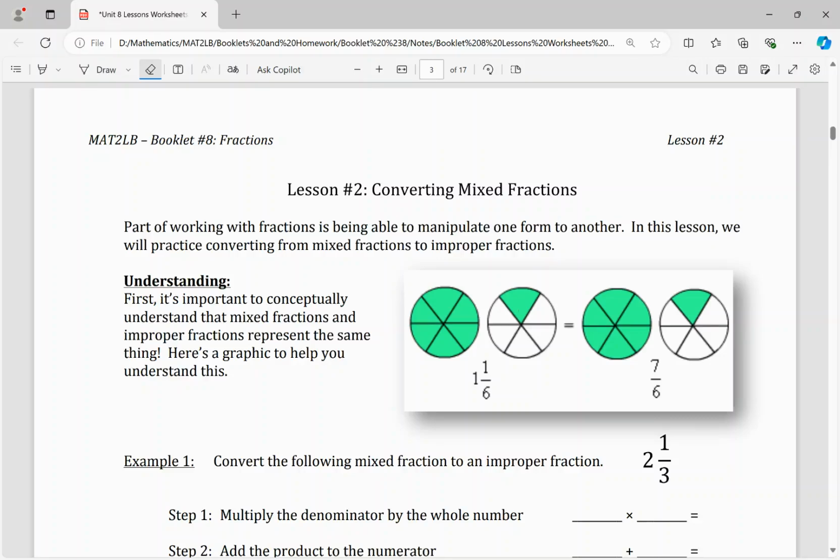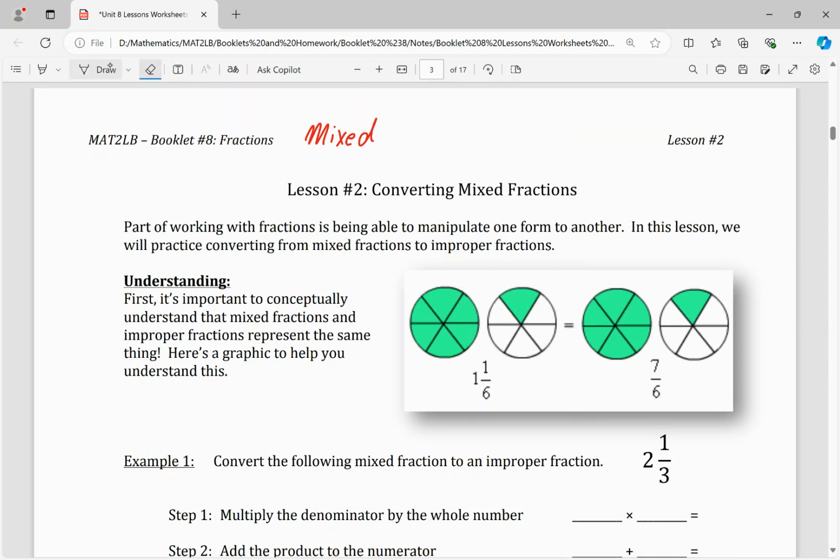Hello, everyone. In this lesson, we will be completing Lesson 2, Converting Mixed Fractions, in Booklet 8. Now, in the previous lesson, I talked about how a mixed fraction and an improper fraction are two different ways of expressing the same thing.